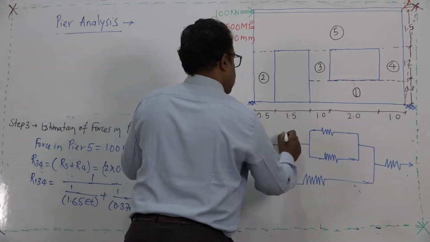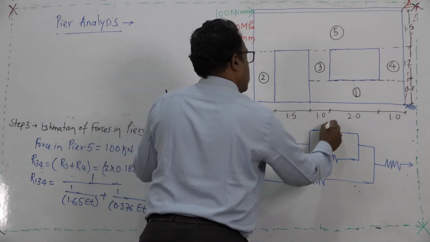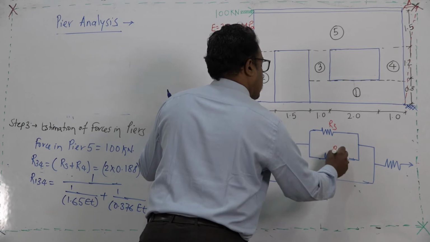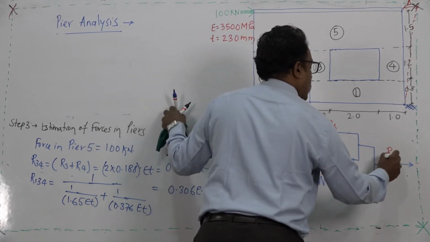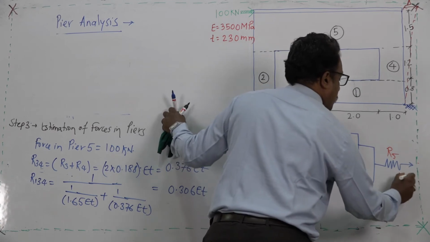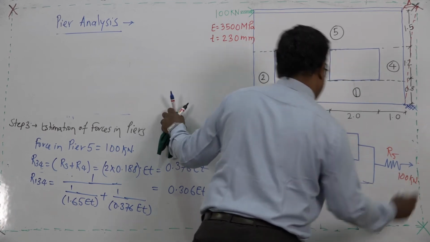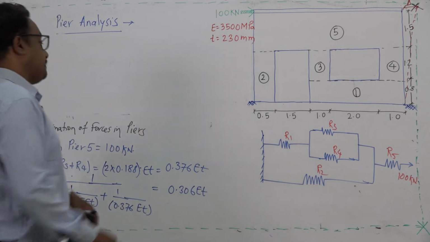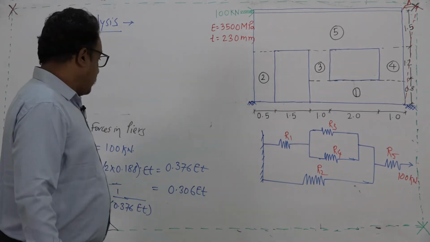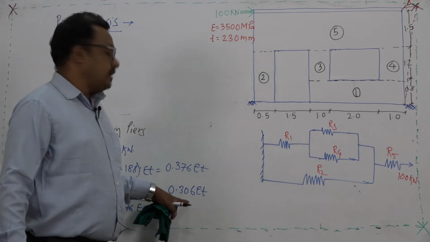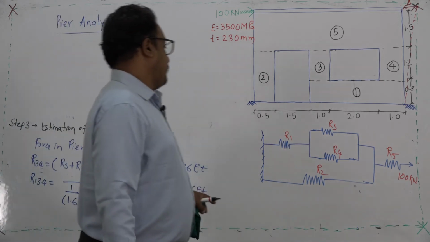So, this is R1, R3, R4, R2, R5, 100 kilonewton. So, we have now estimated the value of R134 as 0.306 ET.